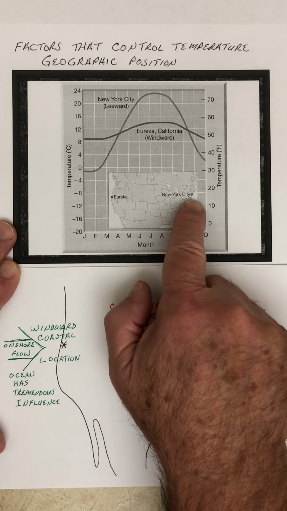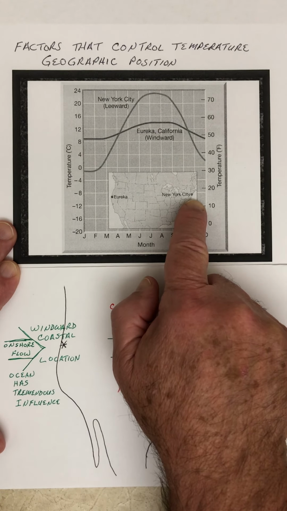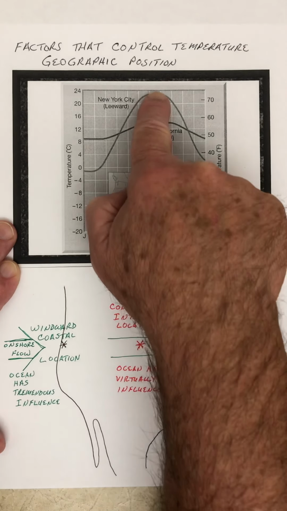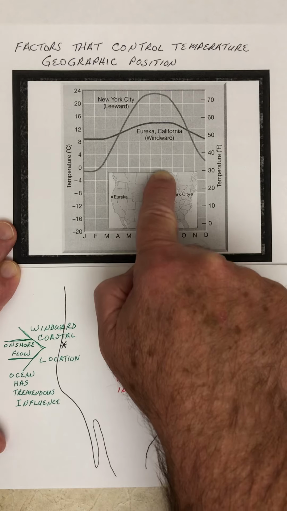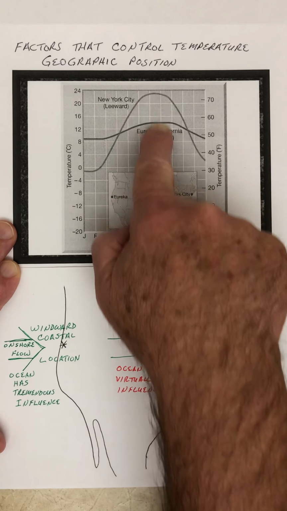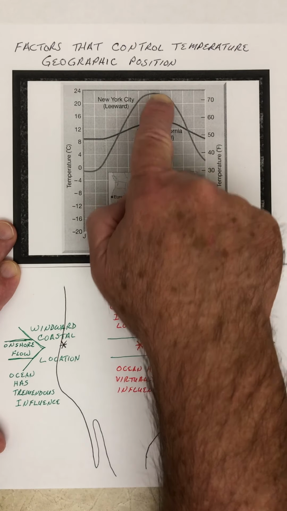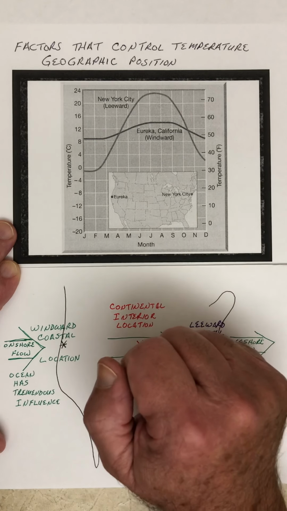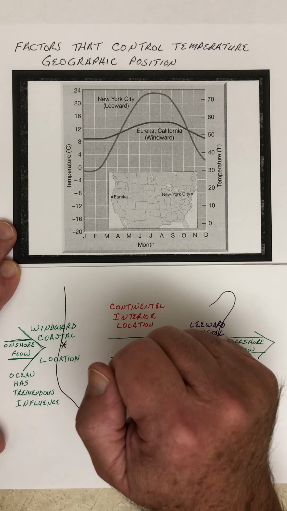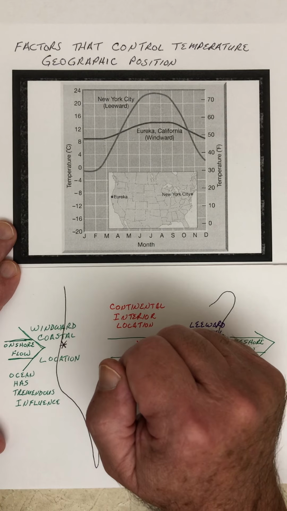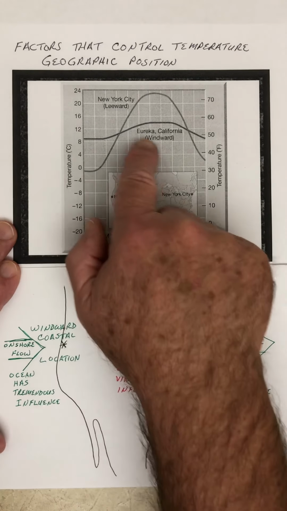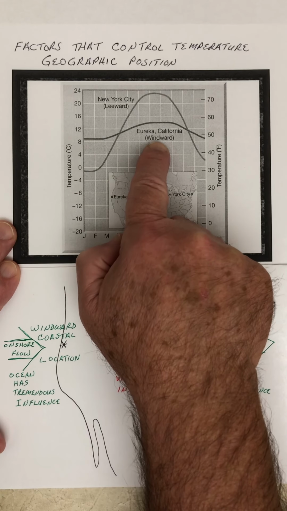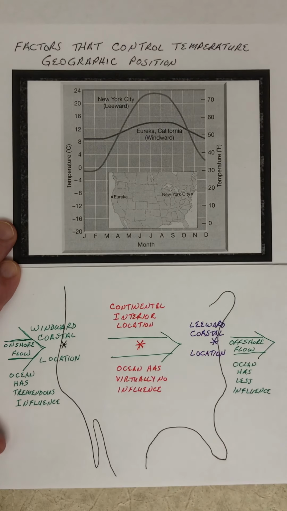If you compare that to New York City, which is the leeward coastal location, notice the temperatures throughout the year have a pretty darn good extreme from winter minimum to summer maximum. The range of minimum and maximum temperature is pretty extreme at New York City, much more so than the windward coastal location of Eureka, California.